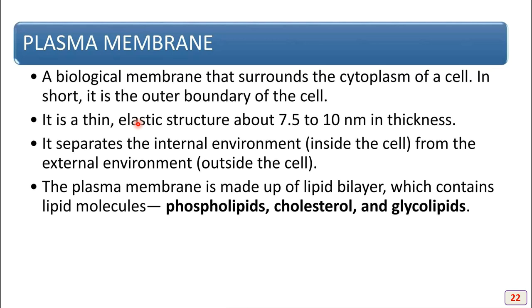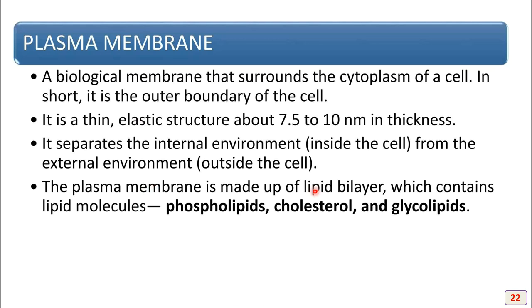It is an elastic structure in the extent of 7.5 to 10 nanometers in thickness. So it separates the internal environment inside the cell, where there are organelles like the Golgi complex, endoplasmic reticulum, nucleus, nucleolus, centrioles, and many more, from the external atmosphere, for example, the extracellular fluid.